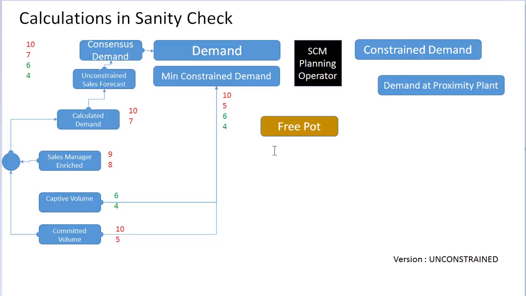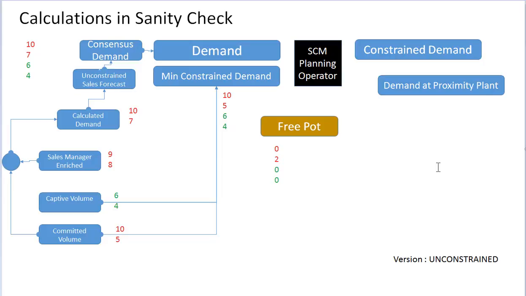The free pot is going to be calculated in the same way as previously described before. This will be the input to the supply chain operator that is going to be run for the sanity check use case.